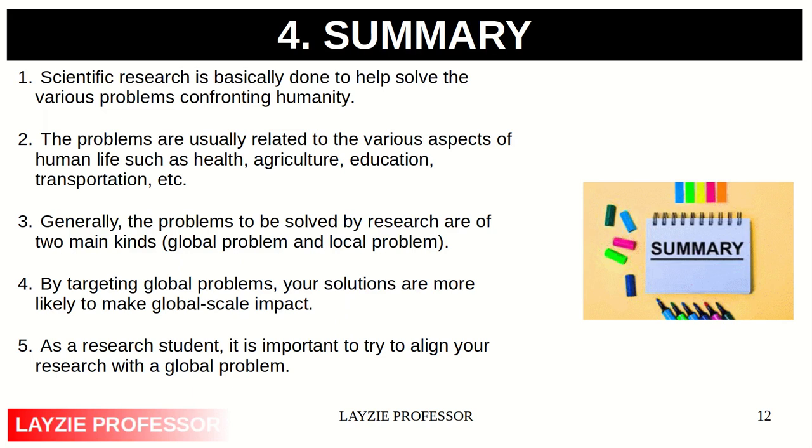One of the benefits of targeting global problems is that once your research seeks to provide a solution to a global problem, you are more likely to get funding and logistical support from external actors, external institutions, external organizations, or even companies, who can come in and support your research so that you can get all the resources you need, regardless of how expensive they are, and just carry through with your research.